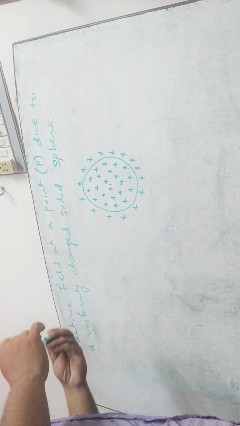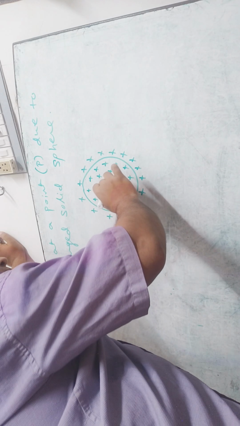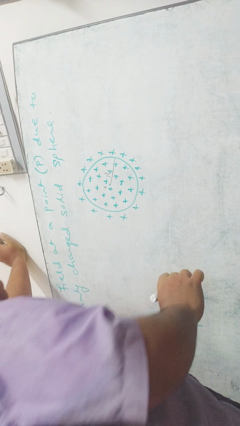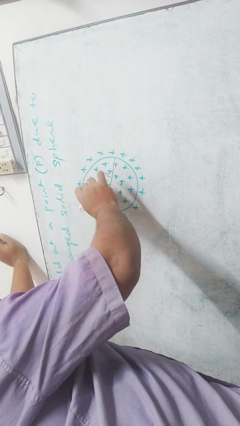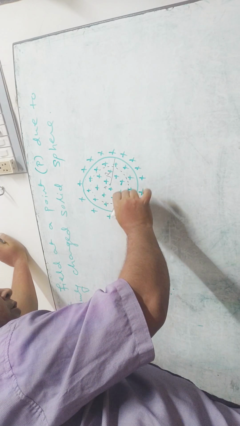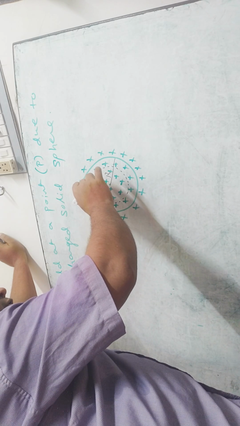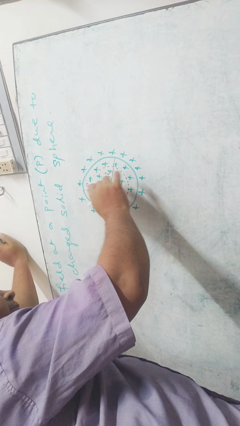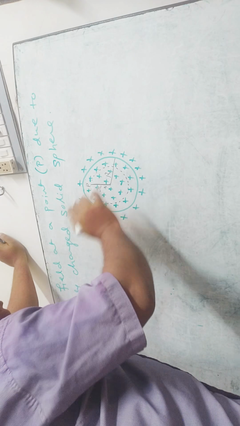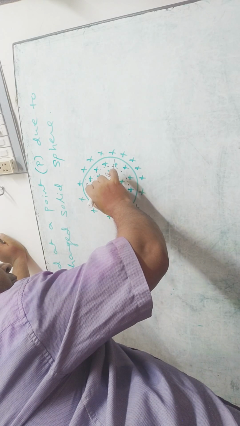Capital R be the radius of the sphere and O is its center. To find out the electric field at a point P inside the sphere, the distance between center of the sphere and P is small r.